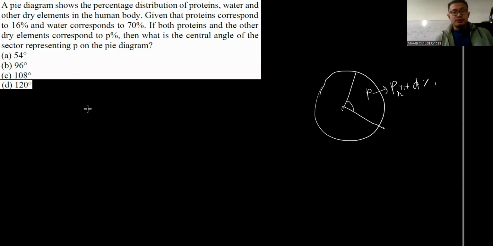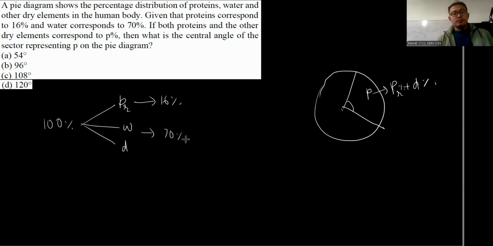We have the total as 100%, which includes proteins, water, and other dry elements. Given that proteins correspond to 16% and water corresponds to 70%, the other dry elements correspond to 100 minus 70, that is 30, minus 16, which is 14%.